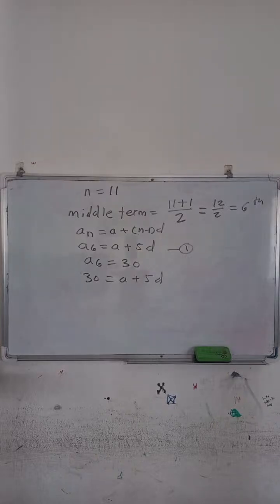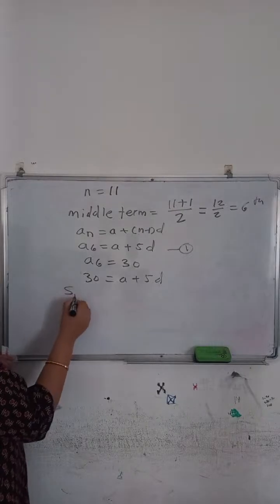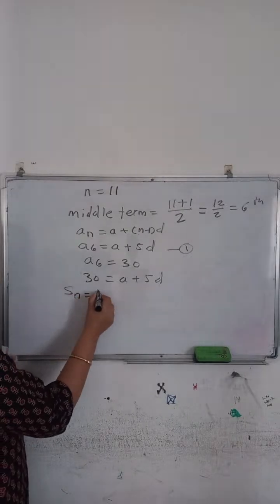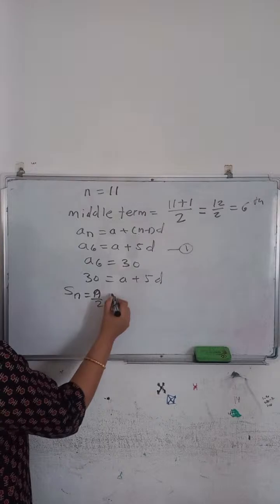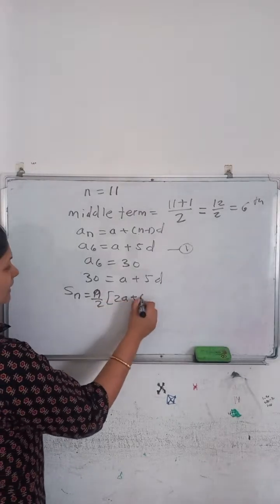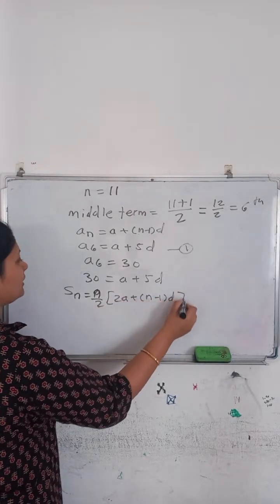Now they are asking for the sum of the 11 terms. I will write down the formula first: n by 2 into twice a plus n minus 1 into d.